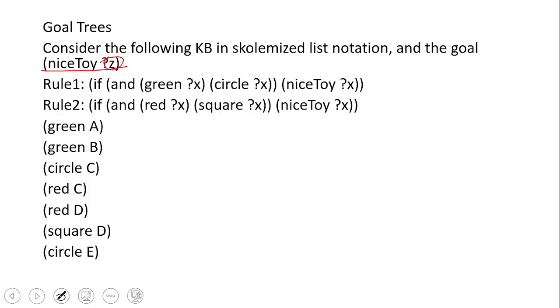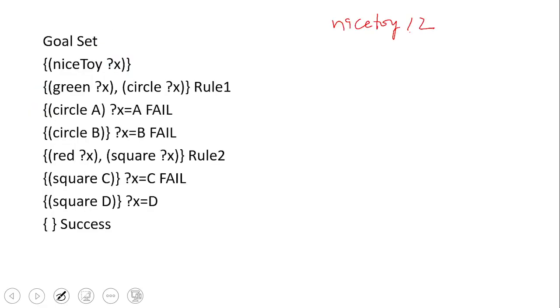Whatever the variable may be, by using rule 1 and rule 2, we can get nice toy. So we have an OR operation here, by using rule 1 or rule 2. Either we can go for rule 1 or rule 2.